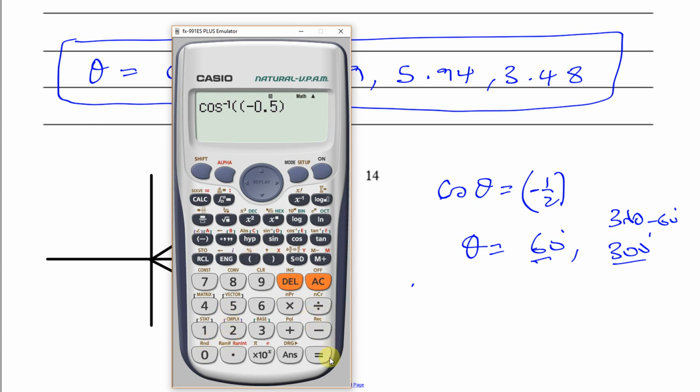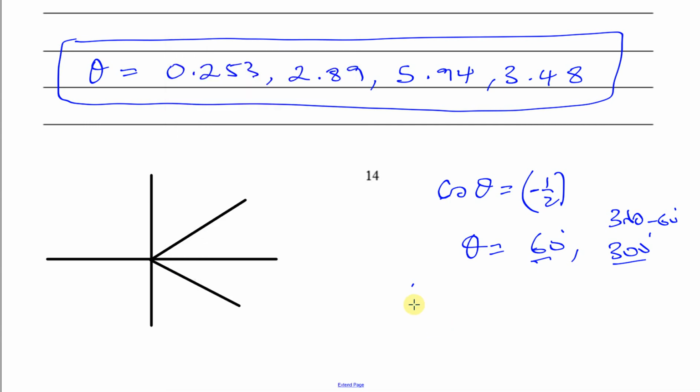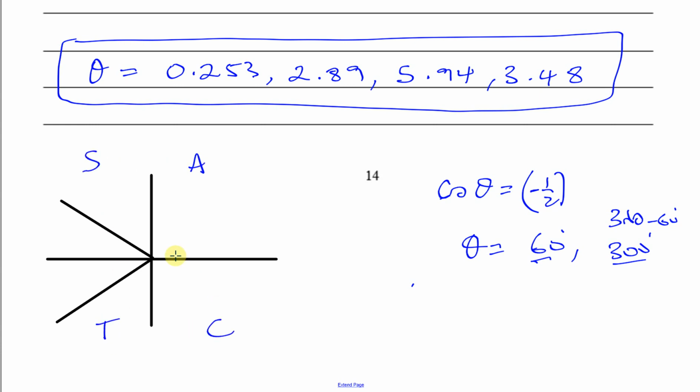Why? Because cosine is negative in this quadrant and in this quadrant. So, ASTC. So the first angle we get is 120. When it's minus a half, 120 is the first angle that the calculator gives you.